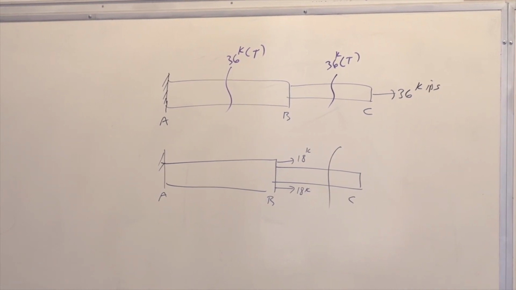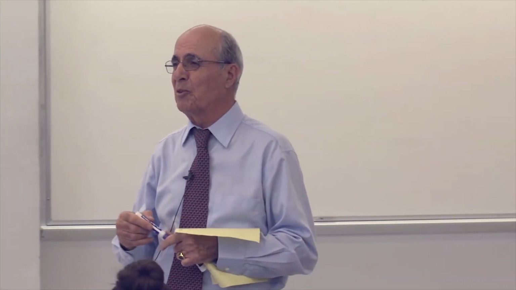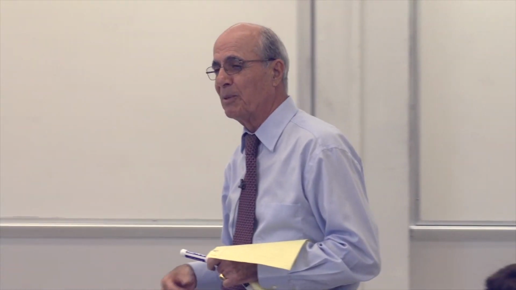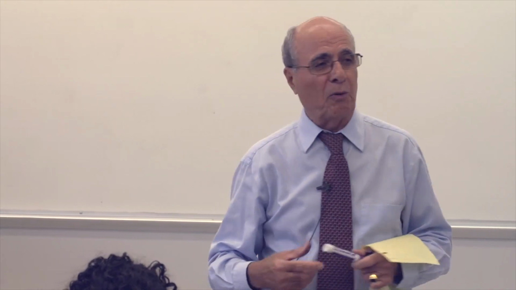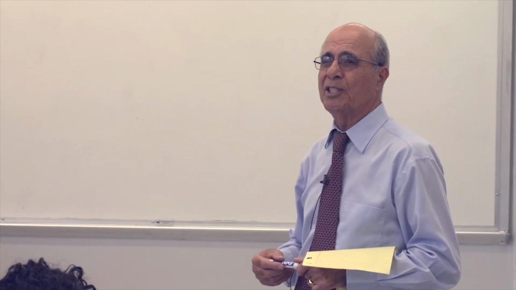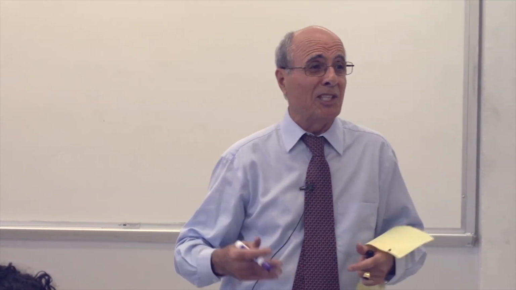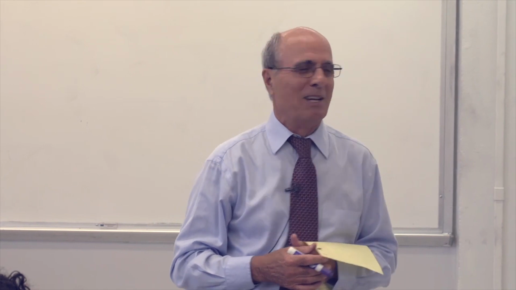What's the force in that member? I'm asking a simple question. If we don't understand that, then we have lots of problems with the next set of ideas. Is the force there 14, 18, 36, or 0? 0. You see, still, when I say 0, something, what did he say?